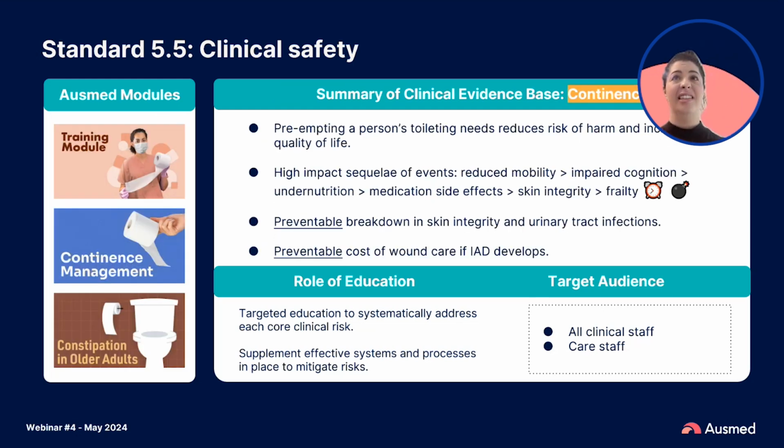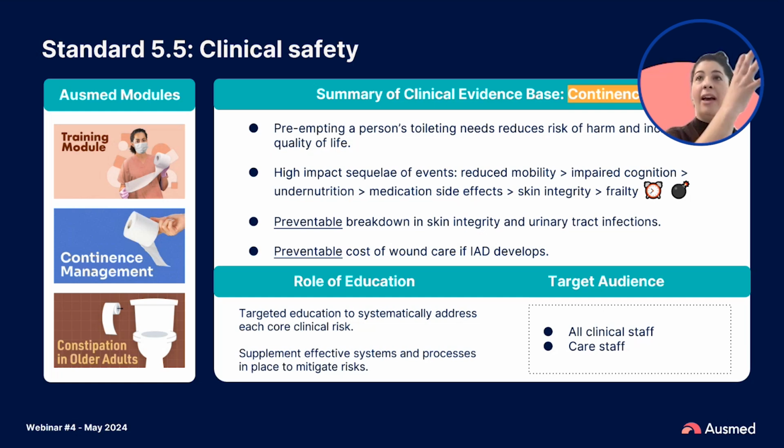The next is continence. And I think it's a really important point to say there is very strong clinical evidence that preempting a person's toileting needs reduces the risk of harm and increases quality of life. And that's because there's what we call a high impact sequelae of events.